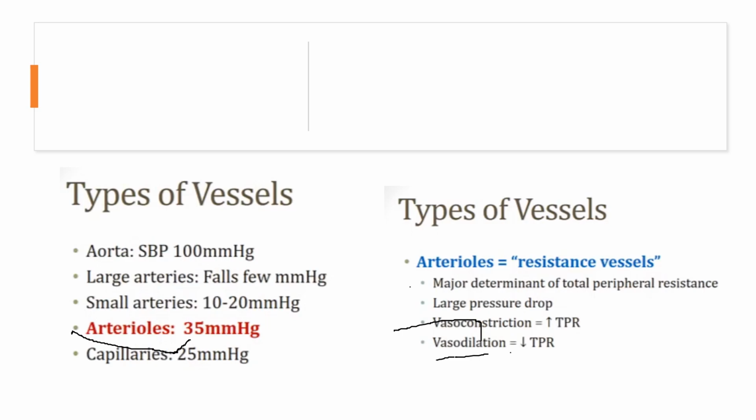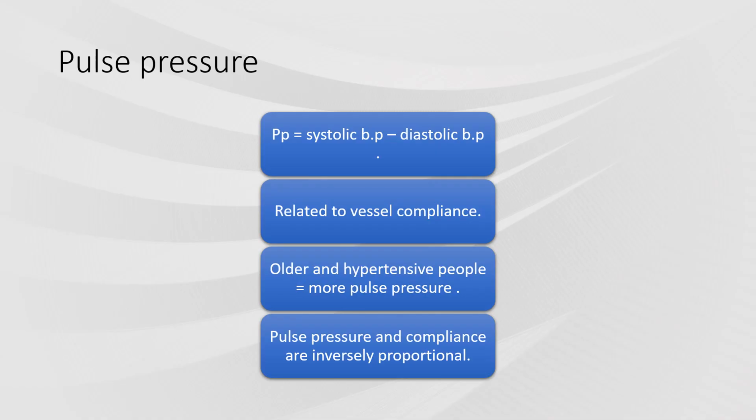Now coming to the pulse pressure. Pulse pressure is basically the difference between the systolic BP and diastolic BP, and it is in very close relation to the compliance. Older and hypertensive people have more pulse pressure.